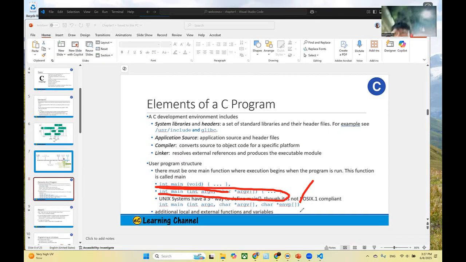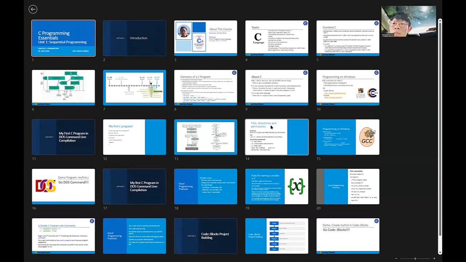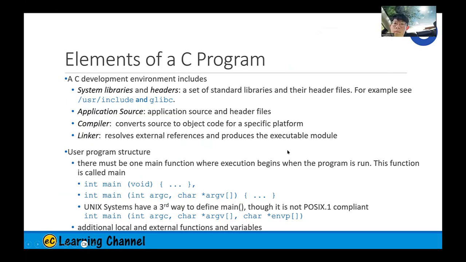That one we don't talk about right here, it's more advanced C programming. In system programming we will need it, but not right now. We stop right there. That is how you write your main program.